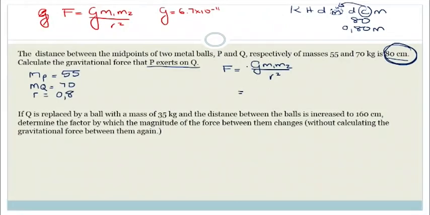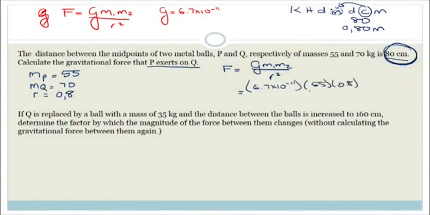If you don't write this formula down and you write 6.7 times 10 to the negative 11 times 55 times 0.8 over 70 squared, let's say you just made a silly mistake like that. Now, if you didn't write this down, they could look at this and go, what the heck is this person doing? No idea. Crosses out, no marks, okay?